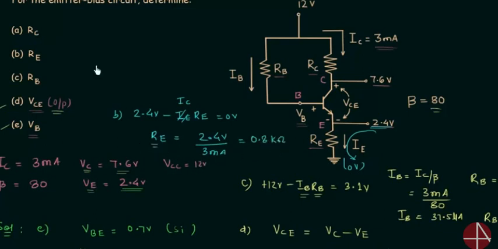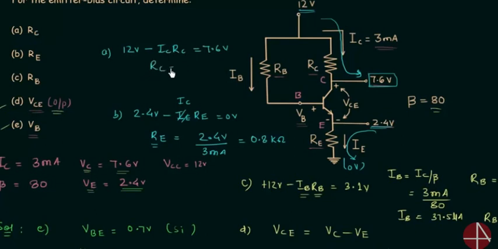The last part of the problem is the calculation of resistance RC, and for this we will again apply Kirchhoff's voltage law in this loop. I will start from VCC and end at 7.6 volts. So we have 12 volts, value of VCC, minus collector current multiplied with resistance RC equal to 7.6 volts.